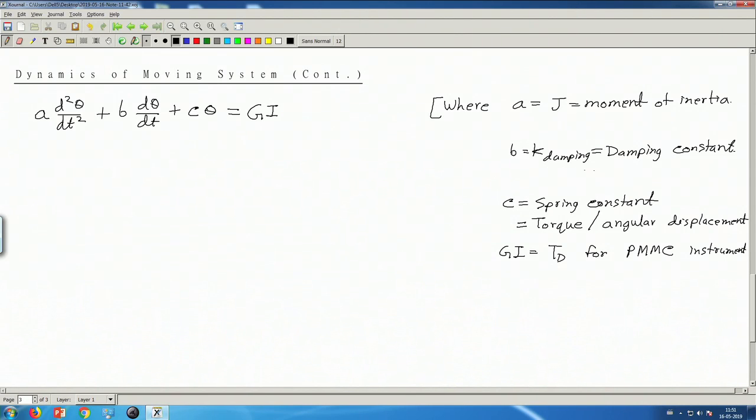What will be the dimension of B, the damping constant? It is again torque, some torque per unit angular velocity.